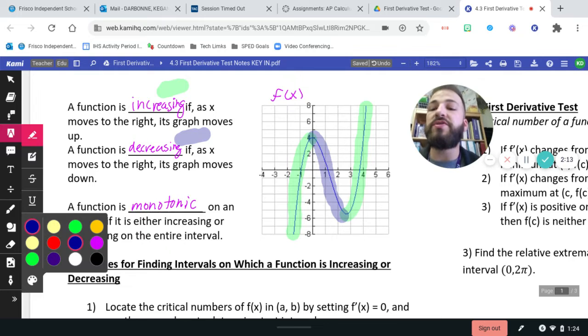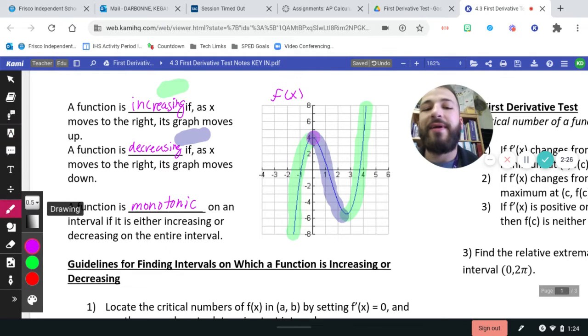What I want you to notice is the specific points where it switches between increasing and decreasing. That switch is happening at relative maxes or relative mins, or what we know to be critical points, or what we know is the derivative equaling 0.